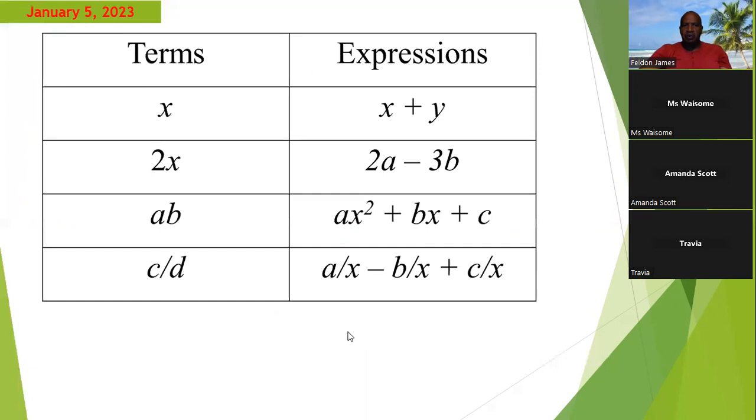So we want to start off looking at terms, and here we're looking at expression. Now, if you look at the column on the left, and you look at the column on the right, what difference do you notice between them? What is the difference between terms and expression?